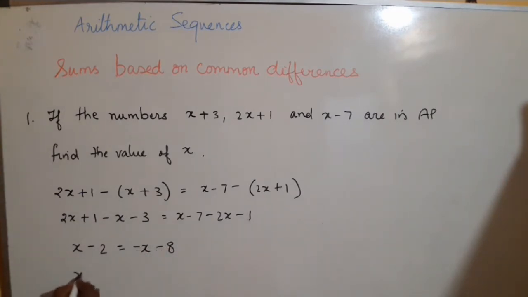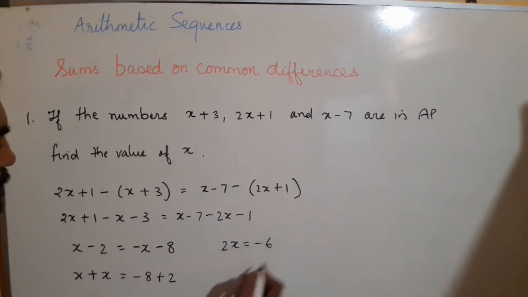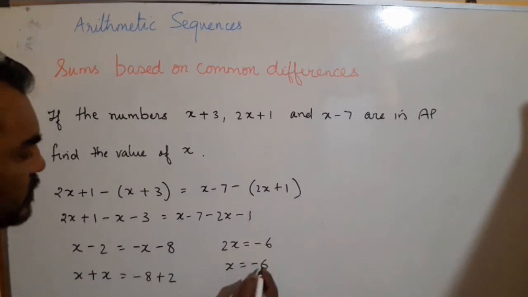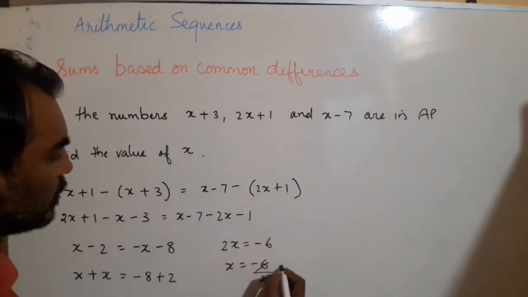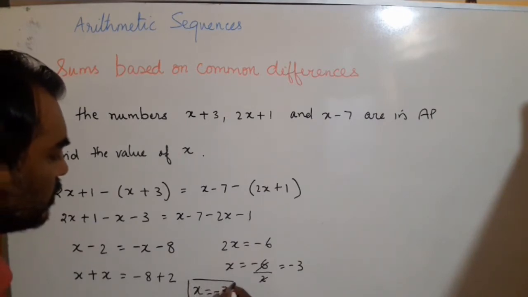So now, moving minus x to this side, x plus x equals minus 8 plus 2. So what do we have now? 2x equals minus 6. So x is equal to minus 6 divided by 2, which equals minus 3. Hence we get the answer x equals minus 3.